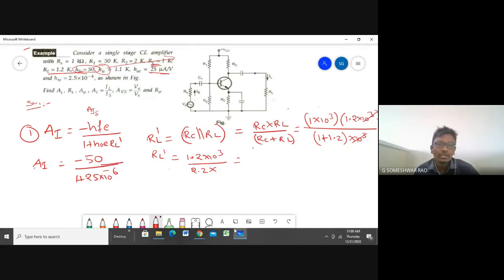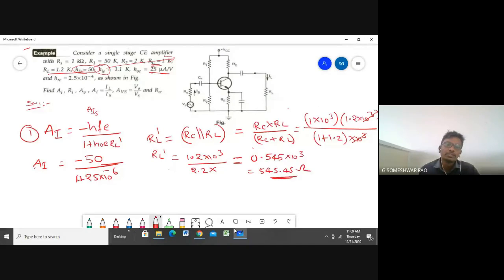Anybody calculated RL dash value? 0.545. 0.5 kilo ohm. 0.545 into 10 power 3. So I can say that 545.45 ohms. Is it okay?